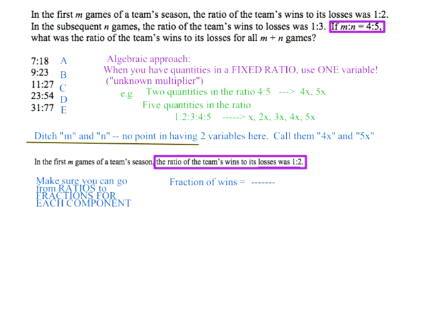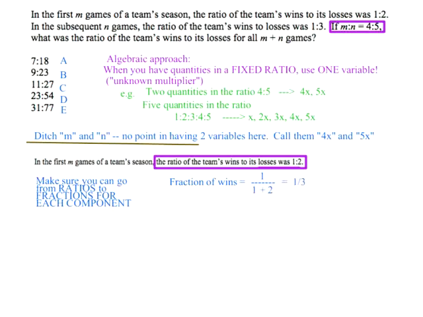It's not 50% because you know it can't be. Look at this. You have more losses than wins, so it's definitely not 50% because you didn't win half the games. So you can check your result against that sort of information. 1 over 1 plus 2, so that's 1/3.